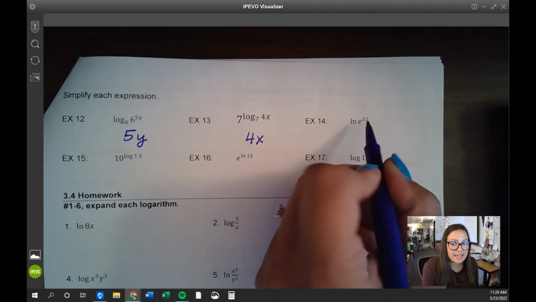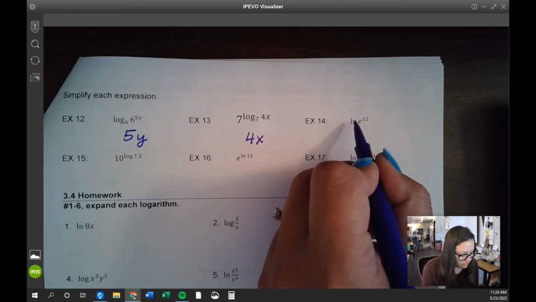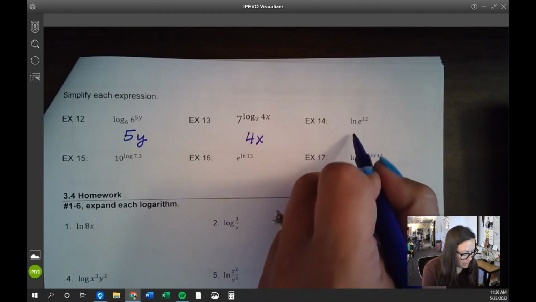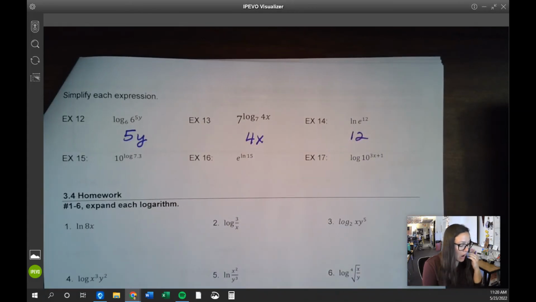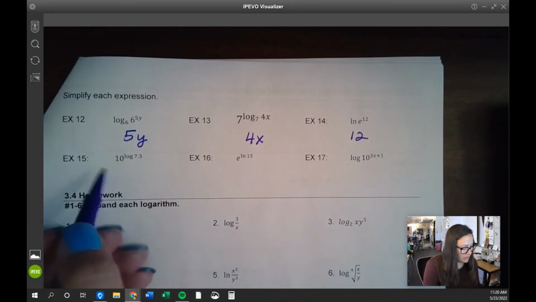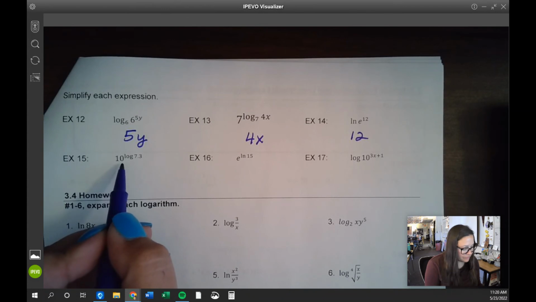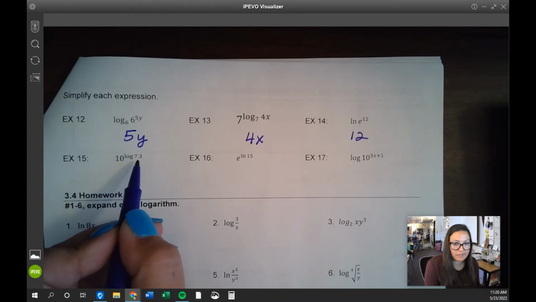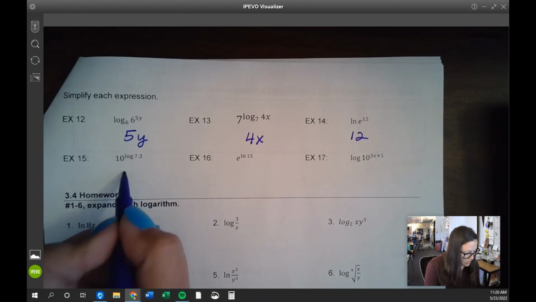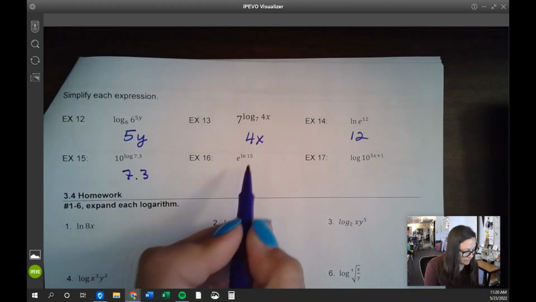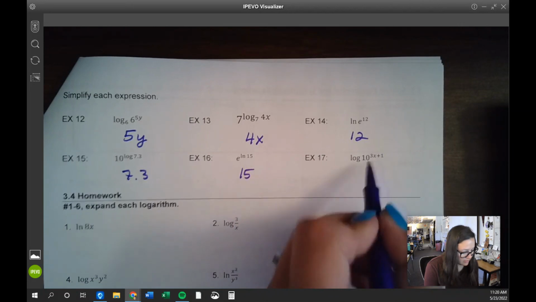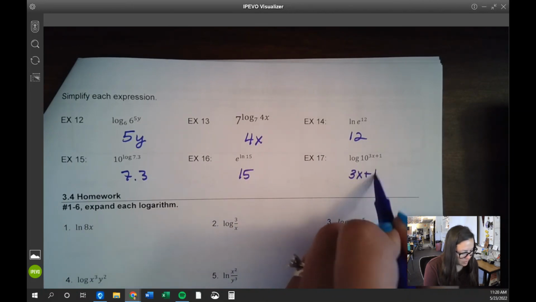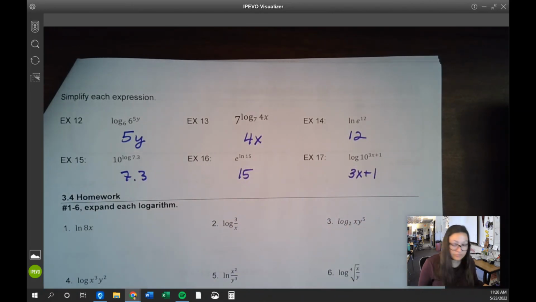So log base e of e to the 12 is 12. Okay, 10 to the log of 7.3, that is base 10, so this is 7.3. And that's 15, and that's 3x plus 1. So they undo each other.